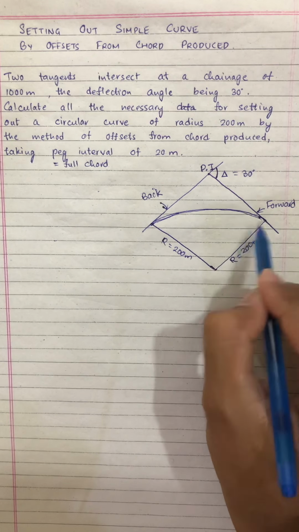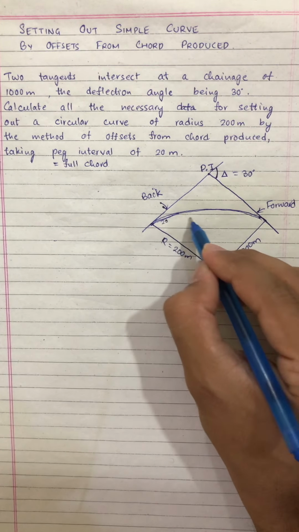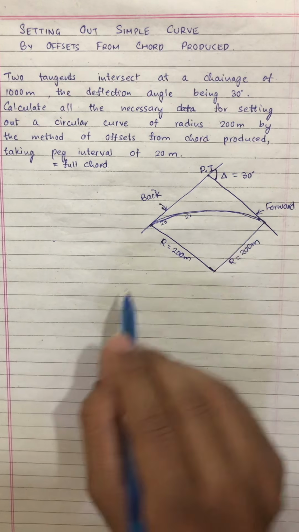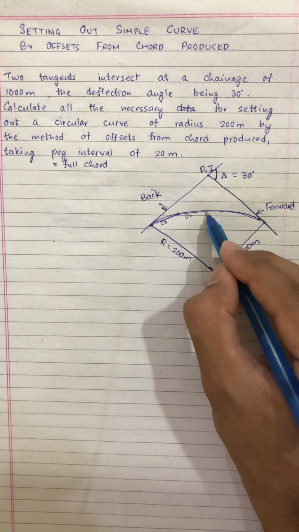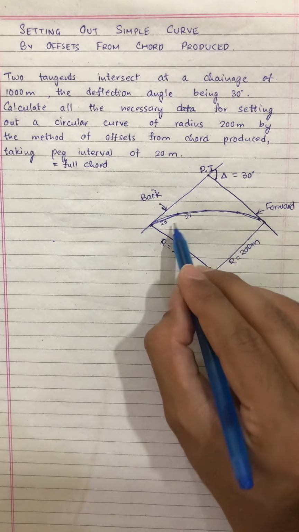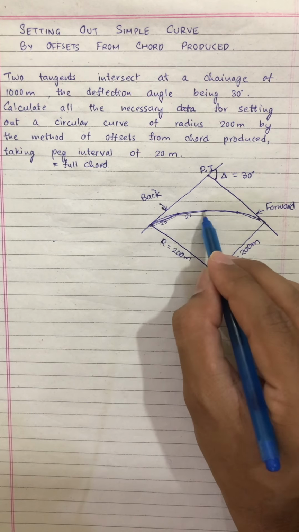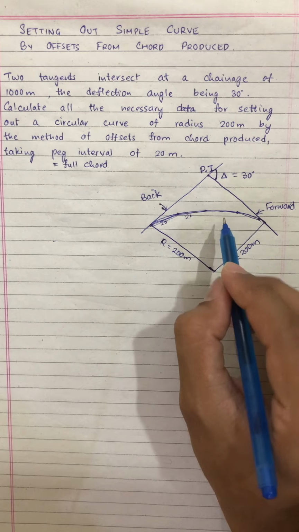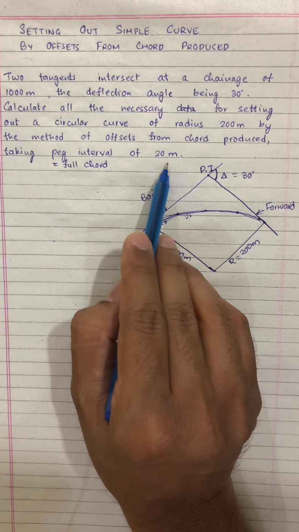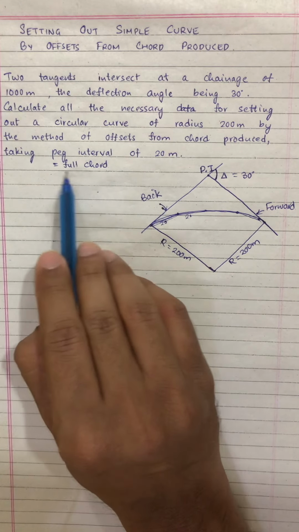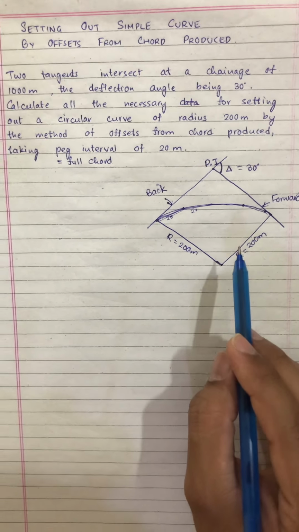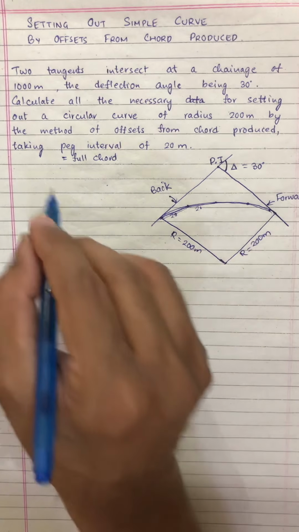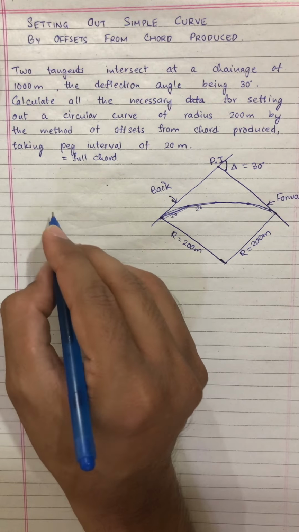So this full chord length will be equal to 20 meters. One peg interval is taken here, another here, another here. When we join these points, that will be equal to the length of chord itself. So these parameters are provided to you.